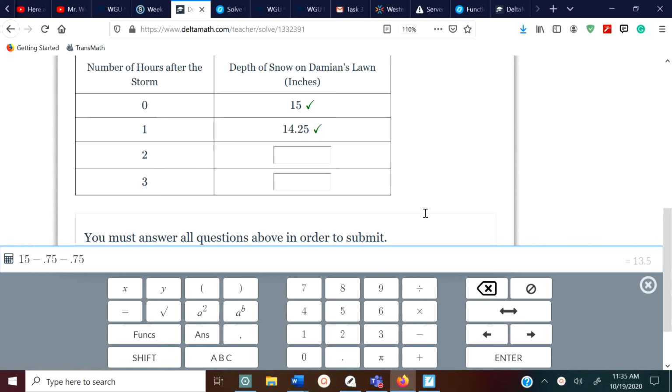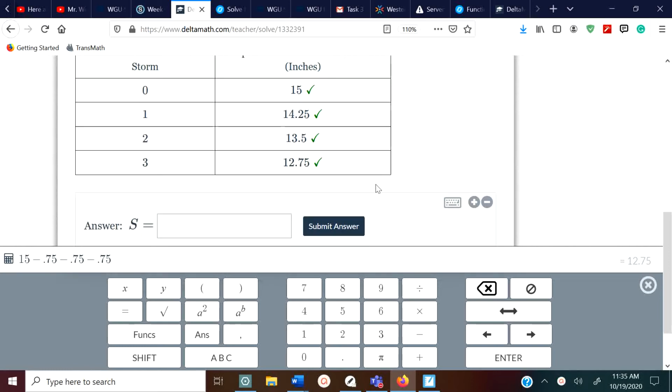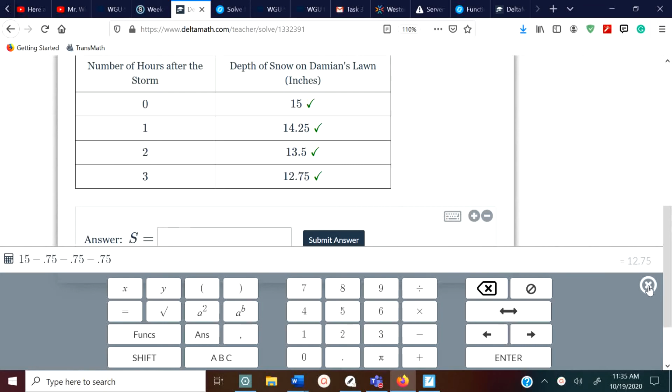So now we're at 13.50. So just type that in, 13.5. Okay, and just subtract 0.75 again. 12.75. And then we're good to go. Alright, so that takes care of the table.